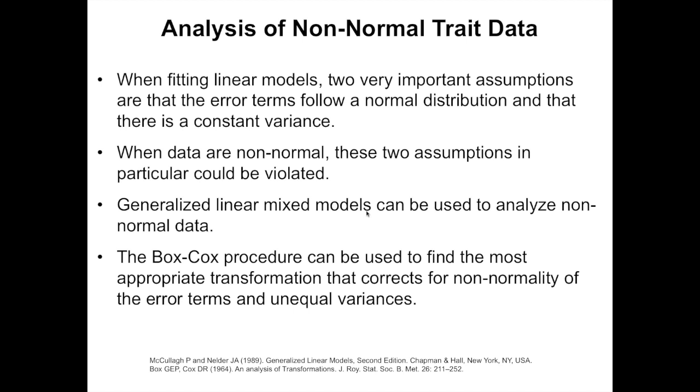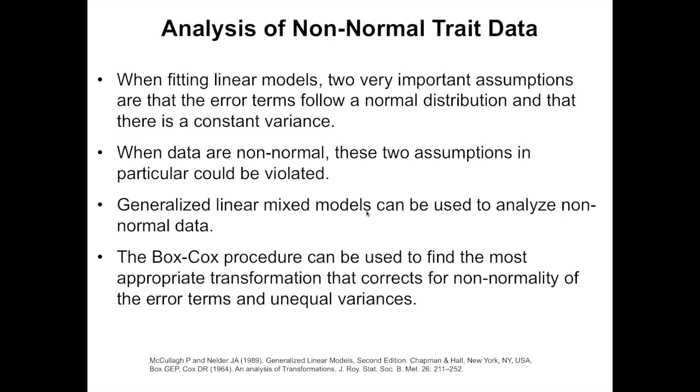One important aspect that folks often don't consider when they're analyzing phenotypes is that traits are often non-normally distributed. When fitting linear models, 2 very important assumptions are that the error terms follow a normal distribution and have constant variance. When your phenotypic data are non-normal, these 2 assumptions in particular could be violated.